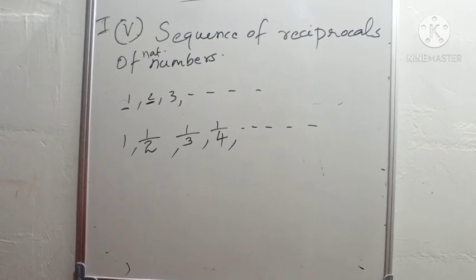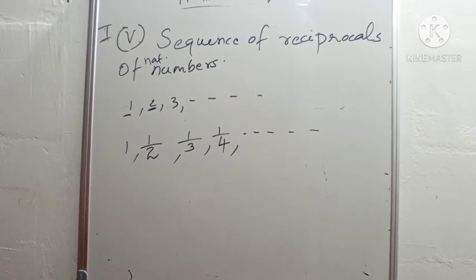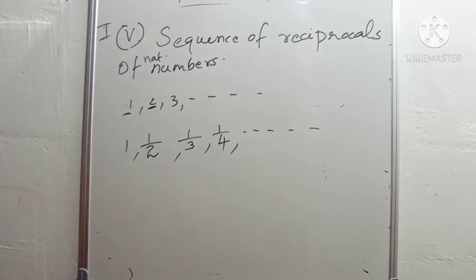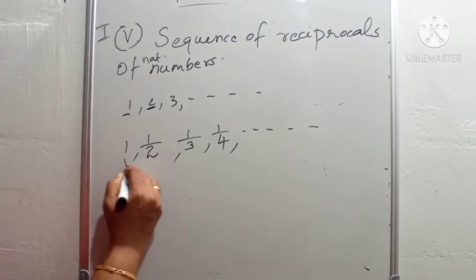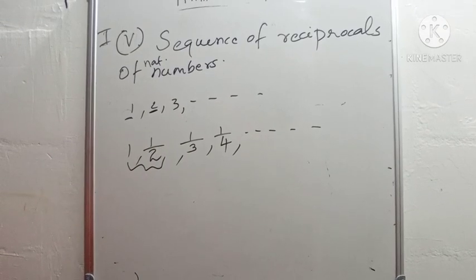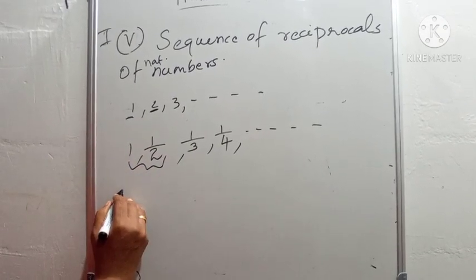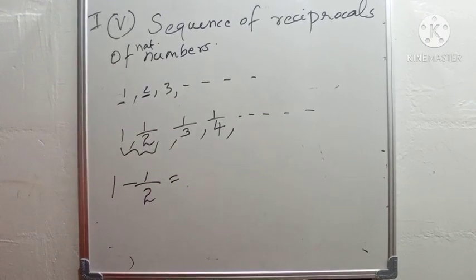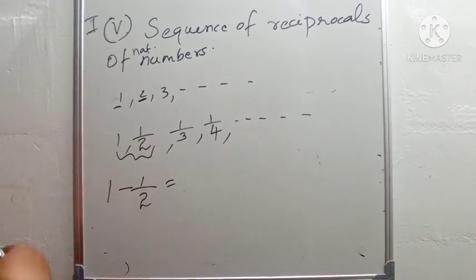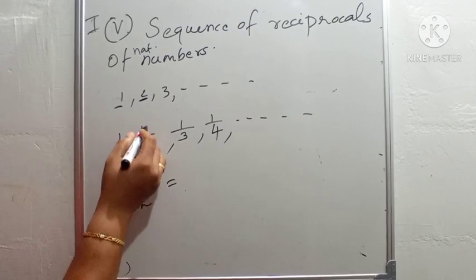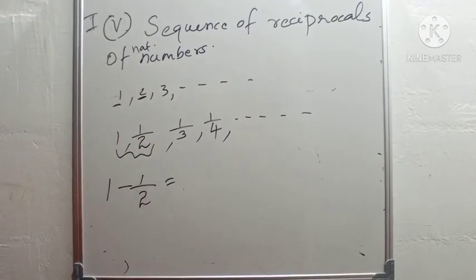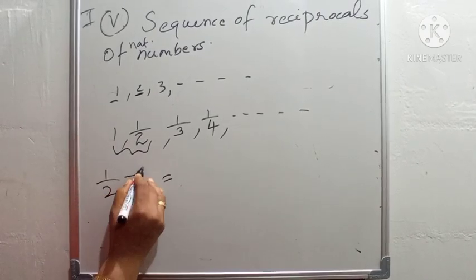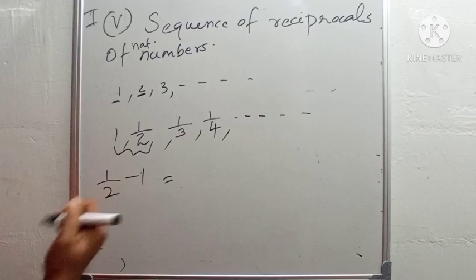We need to check whether this one is an arithmetic sequence or not. If there exists a common difference, it is called an arithmetic sequence. Let us find the difference between the consecutive terms. First, consider the terms 1 and 1 by 2. Second term minus first term is 1 by 2 minus 1.